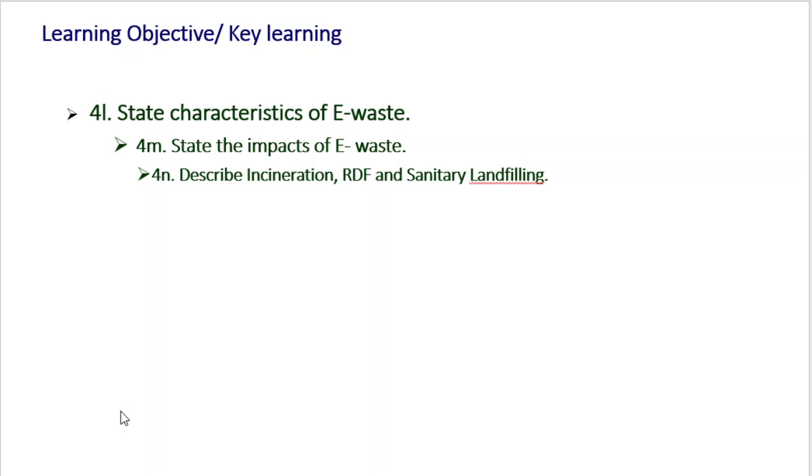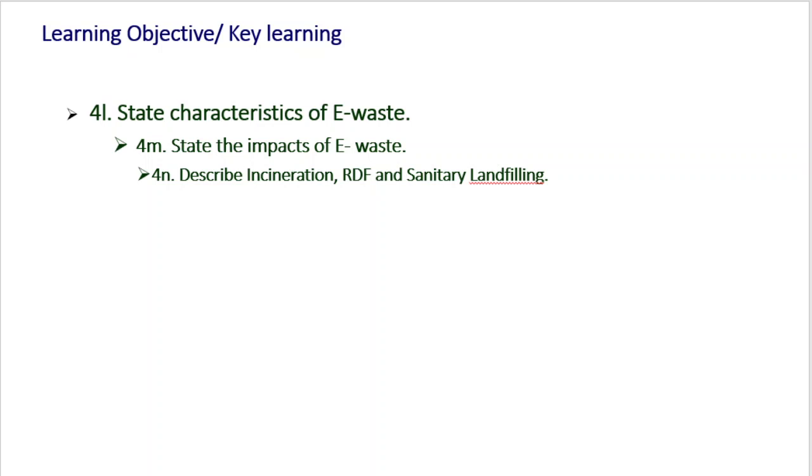So let's see the learning objectives or key learnings. State the characteristics of e-waste. Here we are going to see the different physical characteristics and the chemical characteristics of e-waste. Next one is the impact of e-waste.